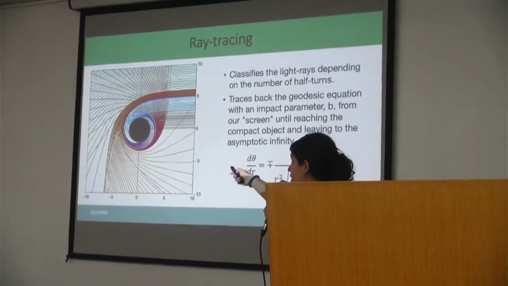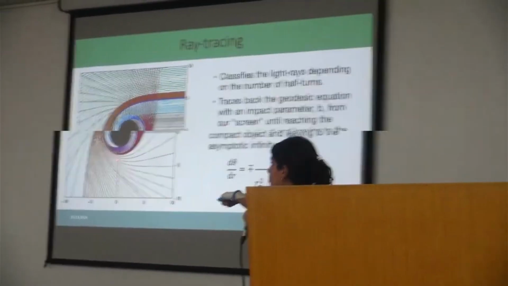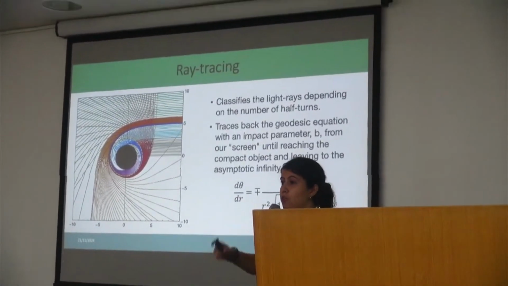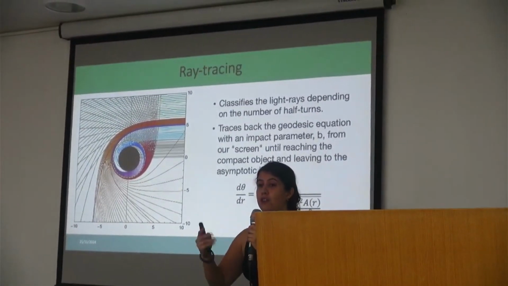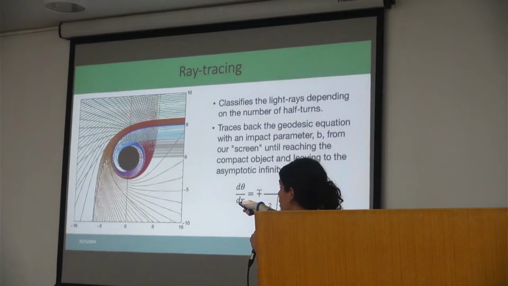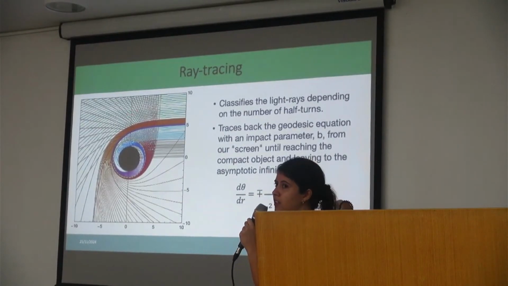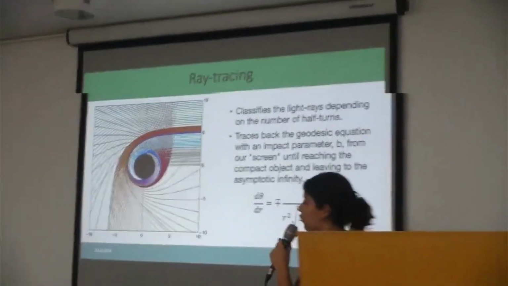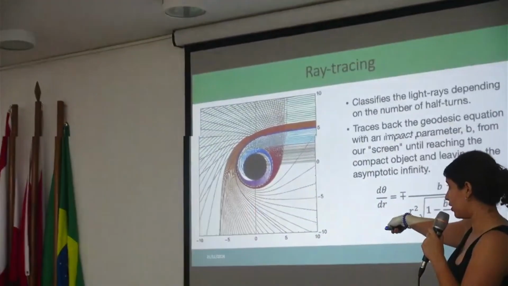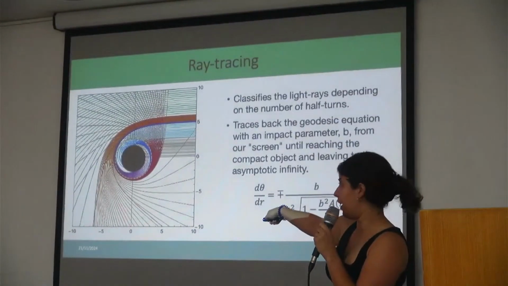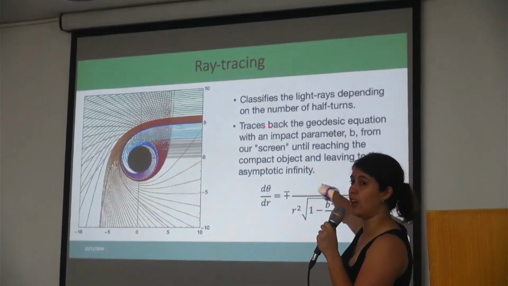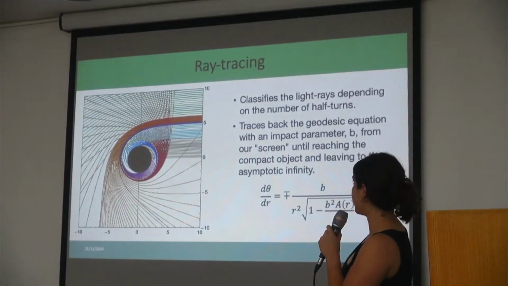It will emit one photon from here, but also from here. This is why we count these half turns: a photon emitted here will reach us while we are at infinity, far away, and another photon emitted here will do a half turn and reach us.